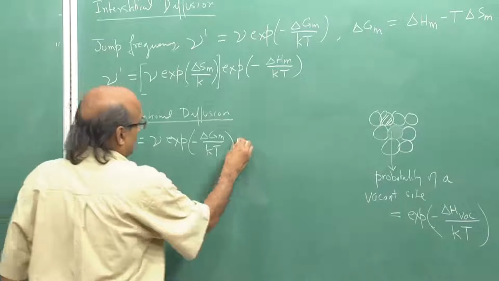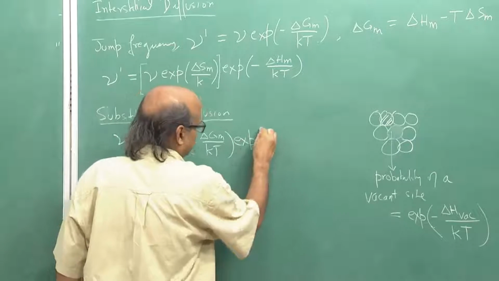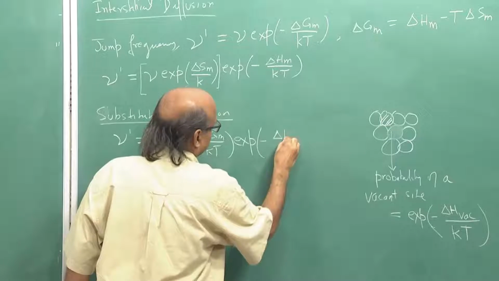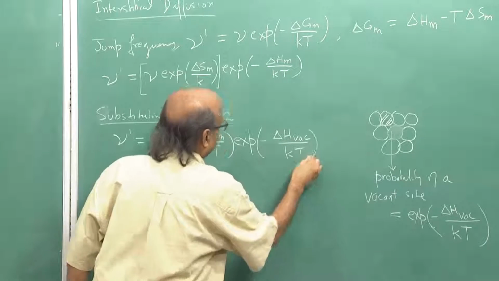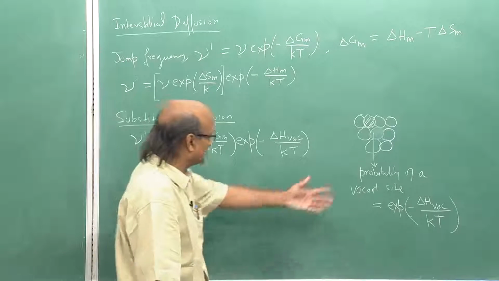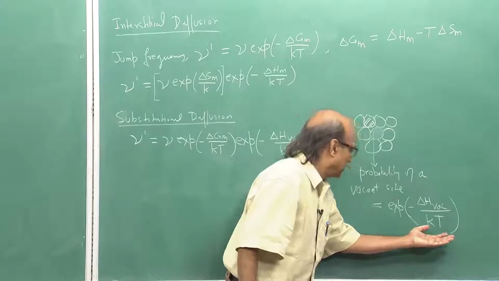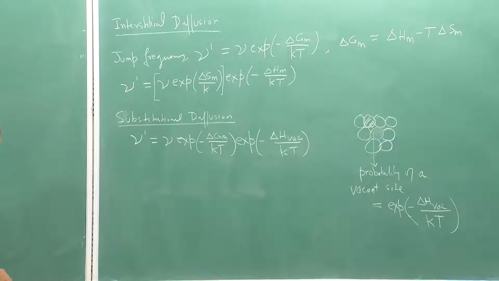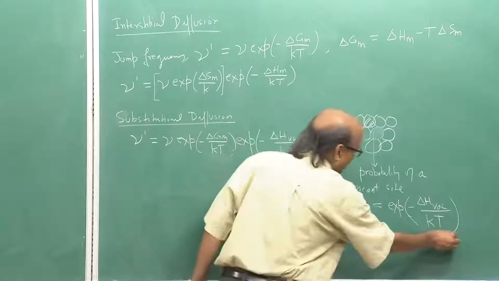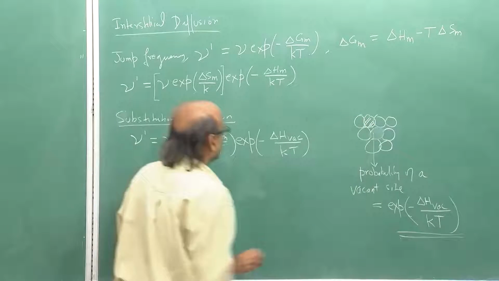This probability will have to be multiplied here. Now this particular probability comes from a simple exercise in a very basic material science course. So I will not go into the details of how this expression comes.